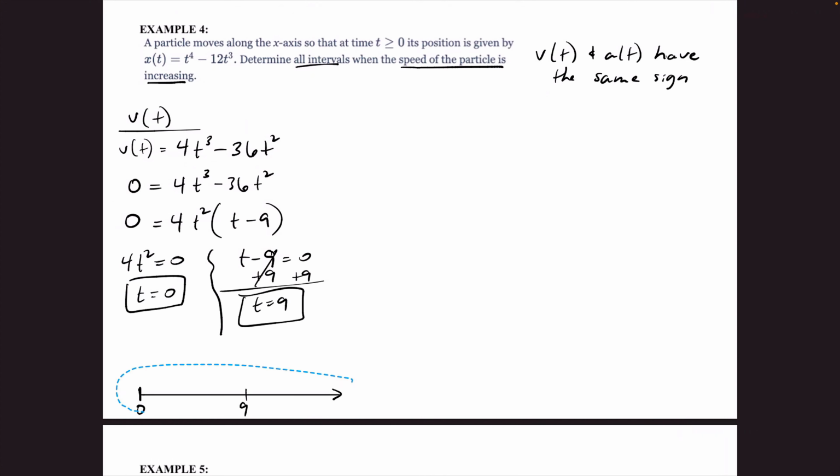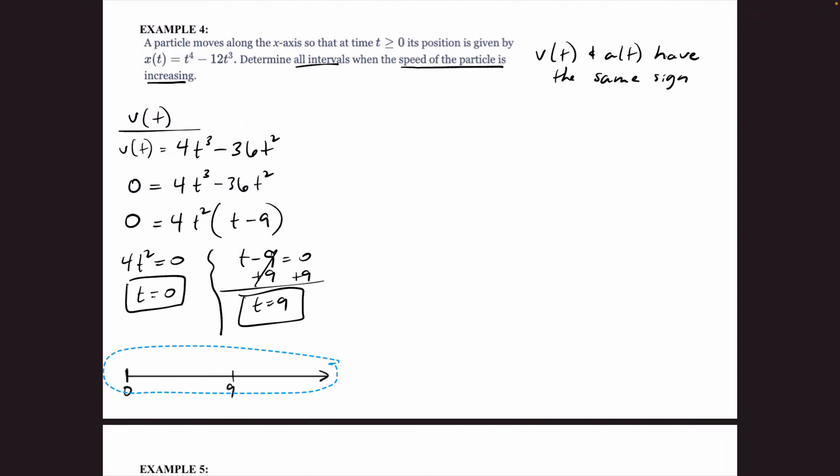So plug in numbers in between. That's the nice thing about time, it can only be positive, so you don't have to worry about any negatives. Pick a number between 0 and 9, and a number bigger than 9, and plug into the first derivative. Is it positive or negative? I'm going to pick 1.